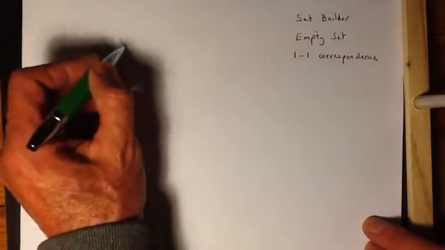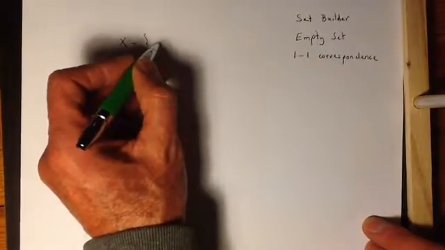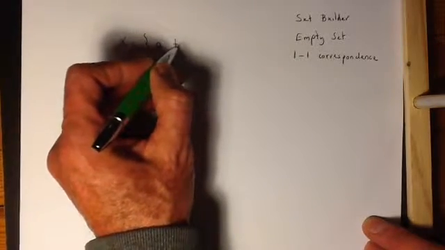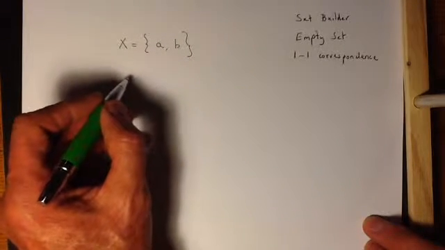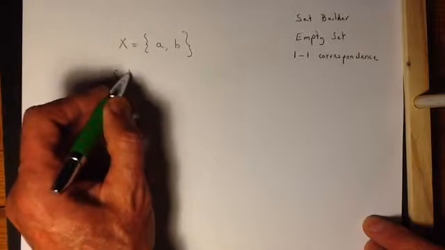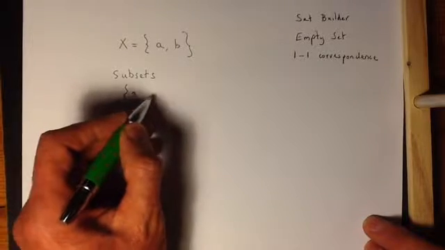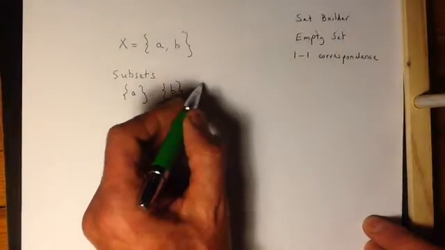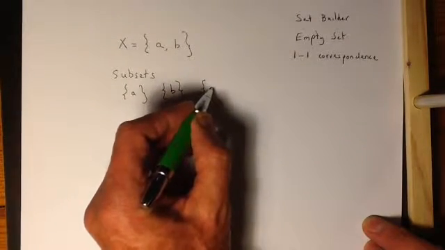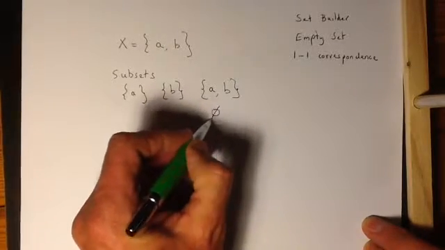Let's say we take the set X, and it's got two elements, the elements being A and B. Now let's write down all the subsets of X. Well, you can have A, you can have B, you can have AB, and you can have the empty set.